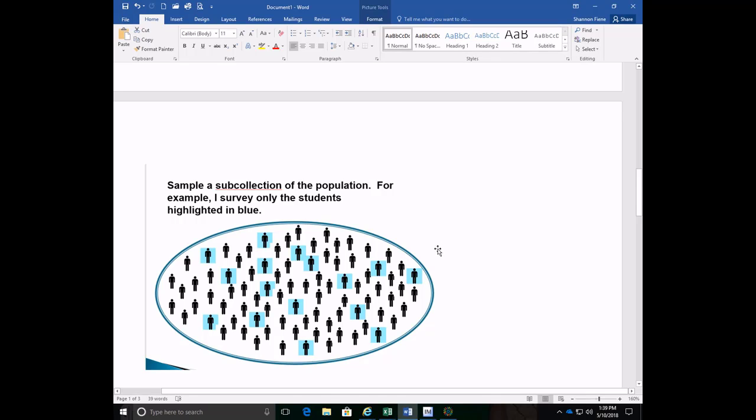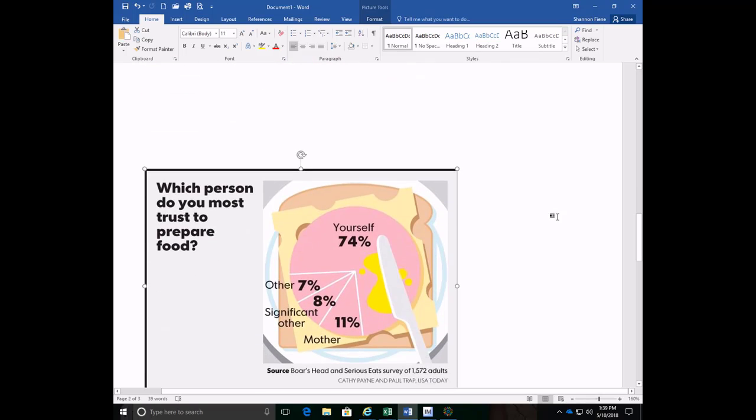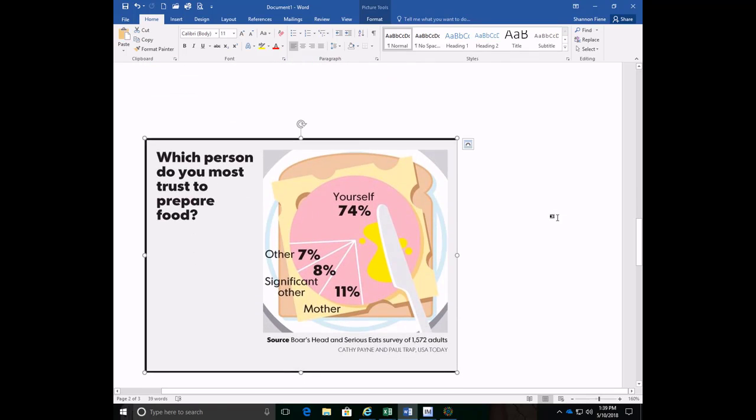Now, I'm going to ask you to look for a survey or some data and try to figure out what the population and the sample is. And so along those lines, I have some examples picked out. These are called snapshots. You can find them in USA Today, and they just simply sample people and ask them a question. Which person do you most trust to prepare your food is what they ask this group of people. We have to make an inference about the population, but the sample they've told us exactly.